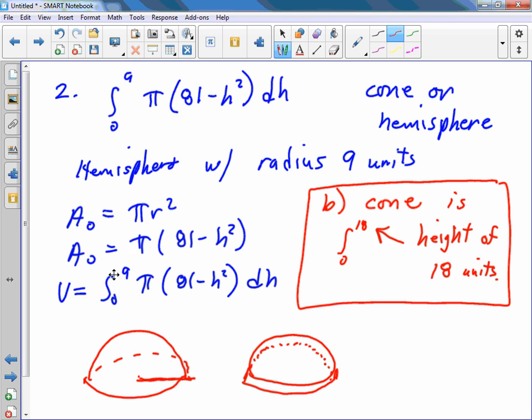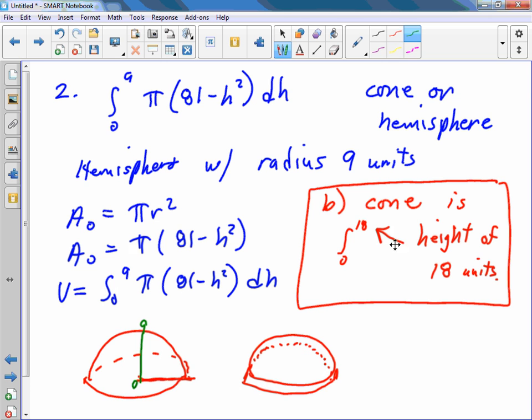Integrating, remember the integral sign means the sum of a bunch of volumes. We stack them up from 0 to 9, because right here 0 to 9 looks like that, and we stack them up on top of each other, and they get smaller and smaller as we go up.